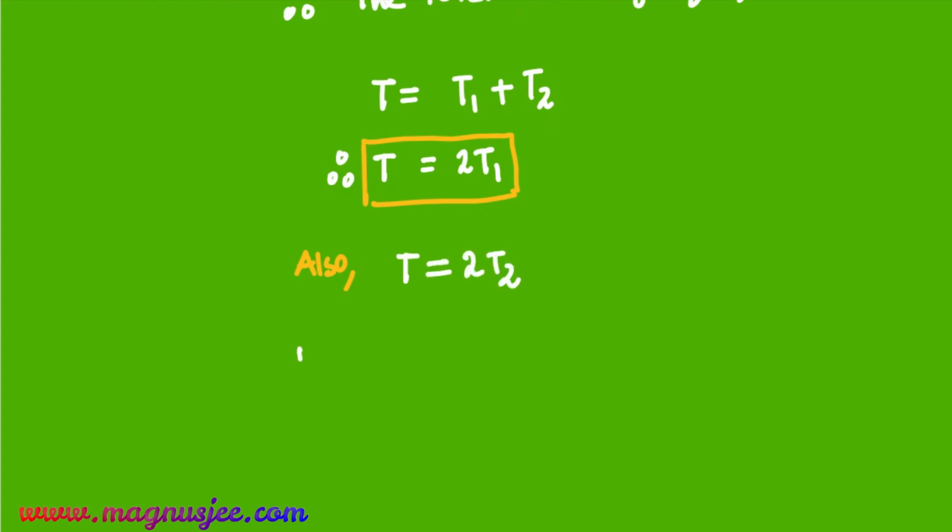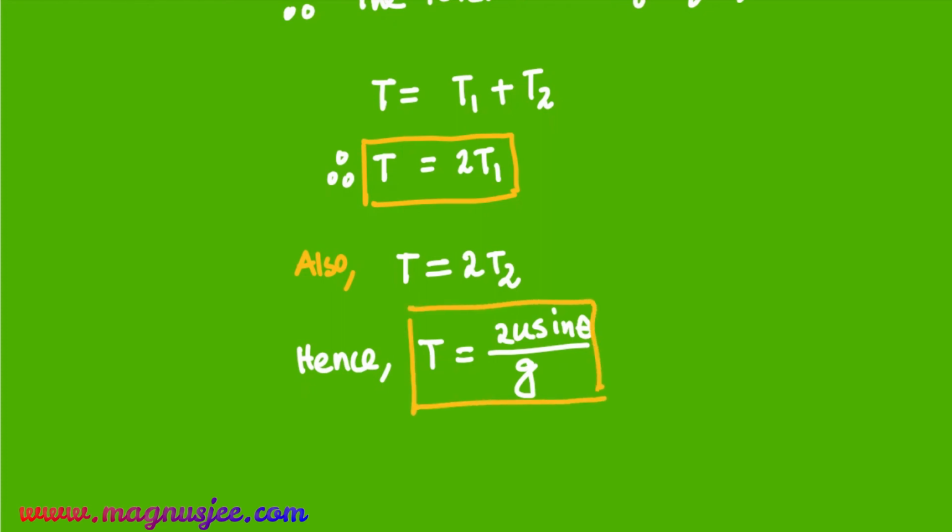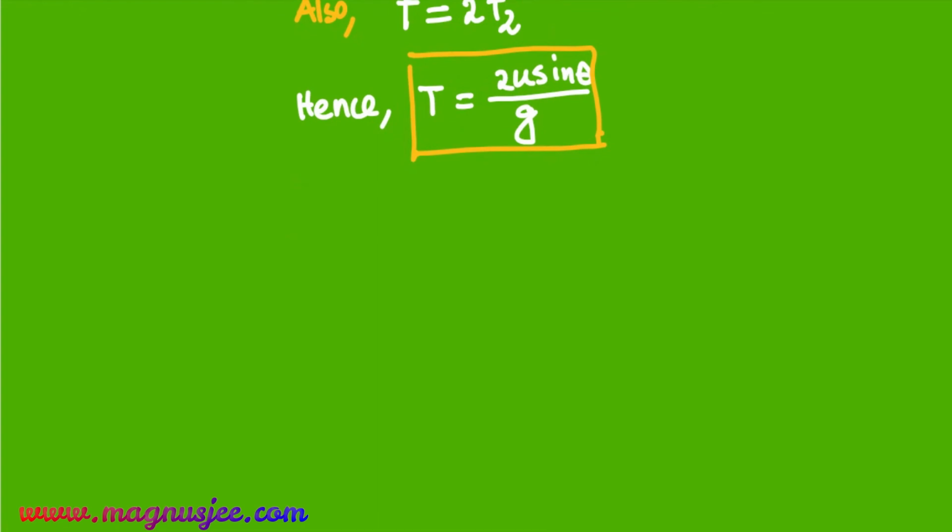That means total time of flight is equal to twice the time of descent. Therefore, T is equal to 2u sine theta divided by g, which is the total time of flight of the projectile thrown from ground.